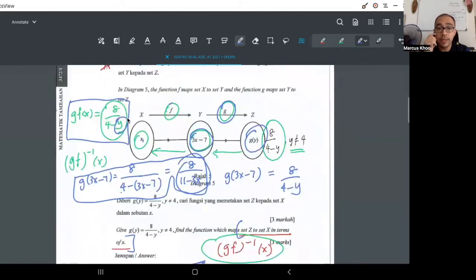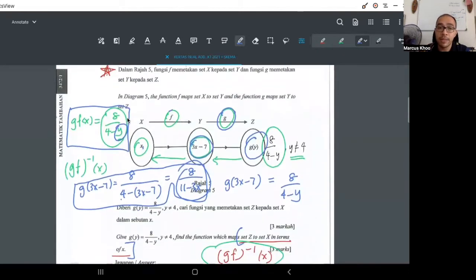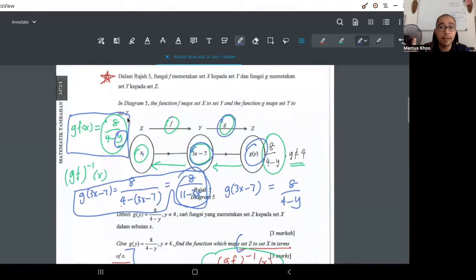Okay, this is a bit, I wouldn't say it's a bit tough, but it does challenge our understanding of composite function and inverse function. So it tests both things at the same time. Okay, but it's a good question for us to practice on how to do inverse functions.